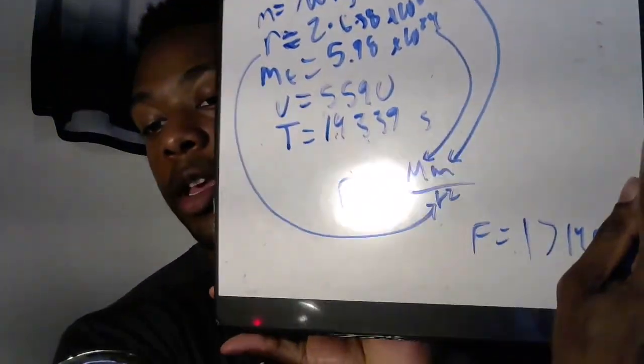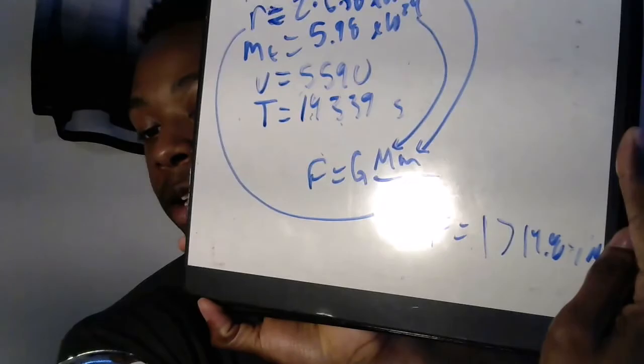Make sure you're squaring your radius, because I forgot to do that. And that should be it. So your force is going to be 1,714.84 newtons. And you should be able to know if these are right based on looking at them, because sometimes you get a ridiculous number and it's just like, there's no way. So something to consider when you are approaching these problems. And that's it.